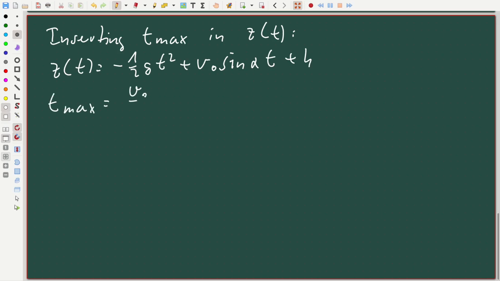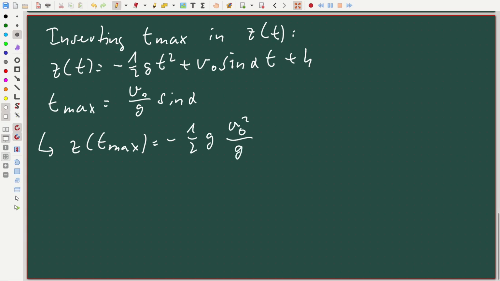This was given as v0 divided by g times sine alpha. Yeah, so when we do that, it turns out that we get here z of t max, which is then equal to minus 1/2 times g, v0 squared divided by g squared times sine squared alpha.